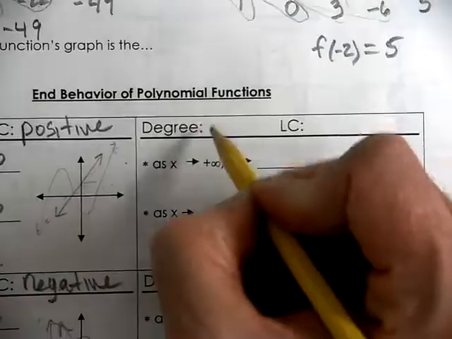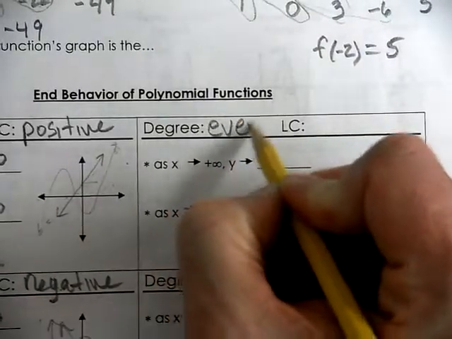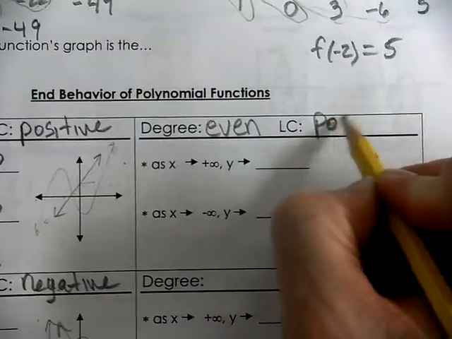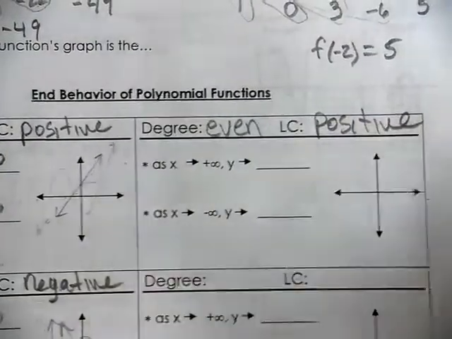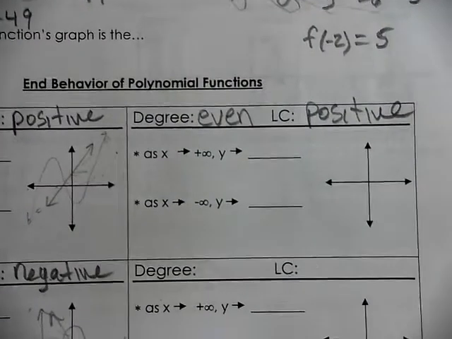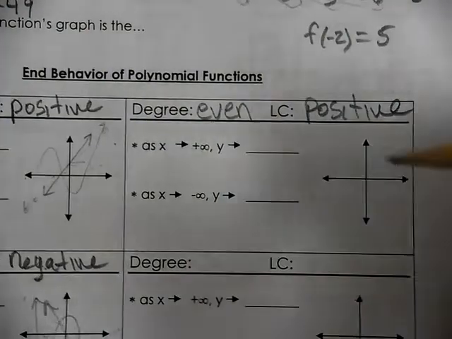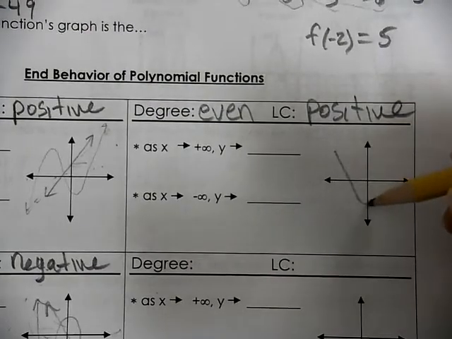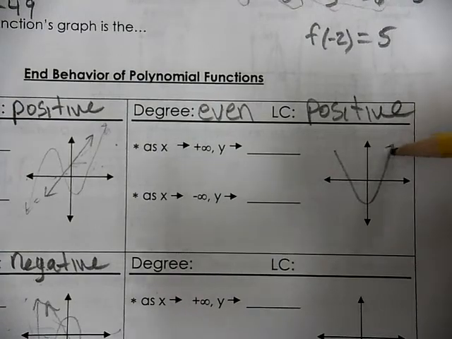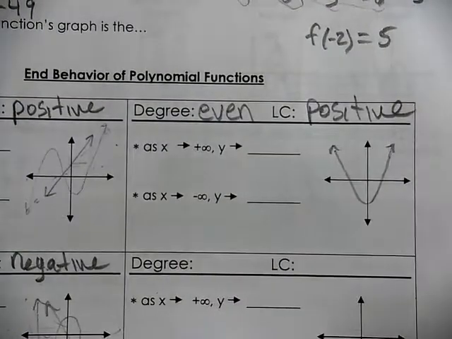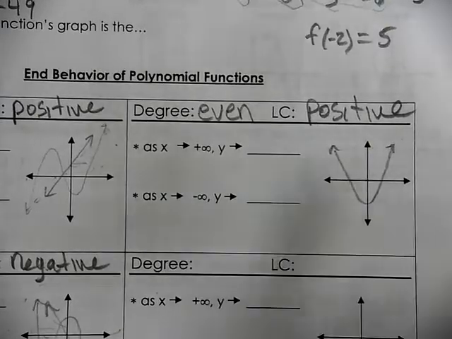Okay, let's talk about an even degree. That is a positive leading coefficient. What type of function do you know has an even degree? You know that a quadratic is an even degree. And that's going to be true about any even degree.